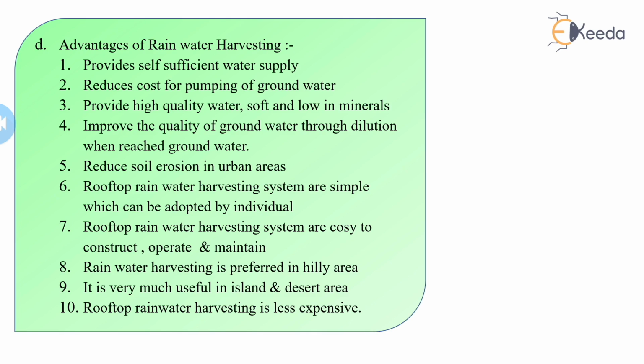It is not used for irrigation. It is not percolated also. So this type of water can be collected, stored, and distributed whenever it is needed. So rainwater harvesting is the best technique of water conservation. Thank you.